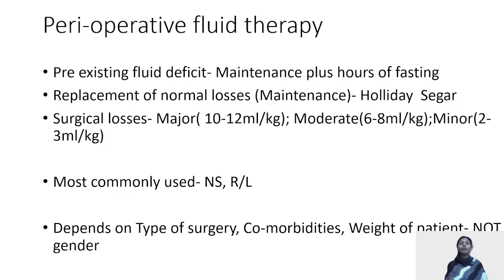Then you have to give maintenance fluid, not replacement actually. You have to give a maintenance fluid also to the patient per hour. First, fluid deficit, I hope I'm clear. When we talk about the fluid deficit, you have weight of the patient into the number of fasting hours. Suppose the weight of the patient is 40 and the number of fasting hours is 10.